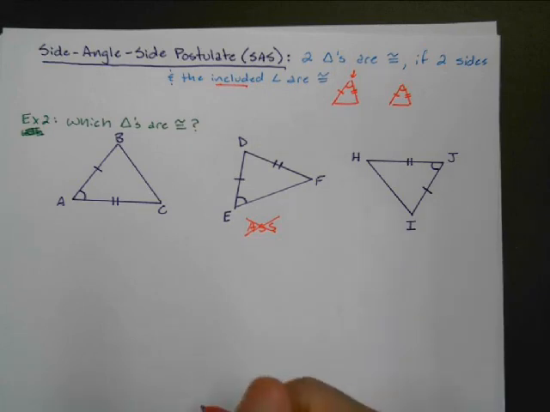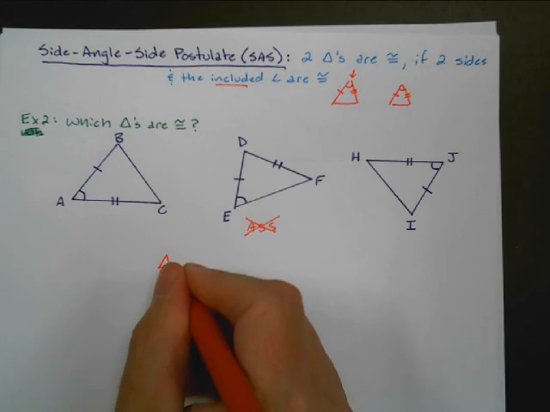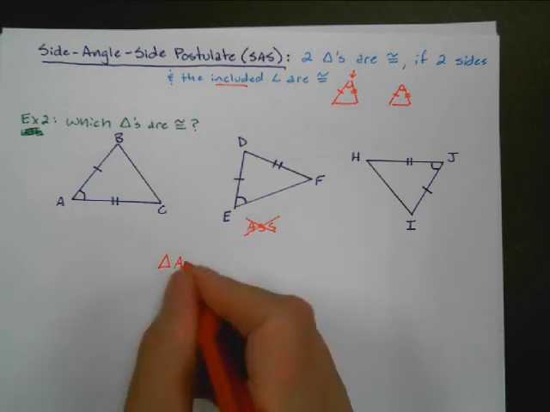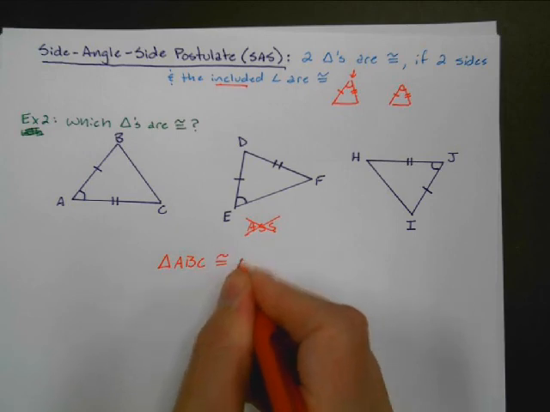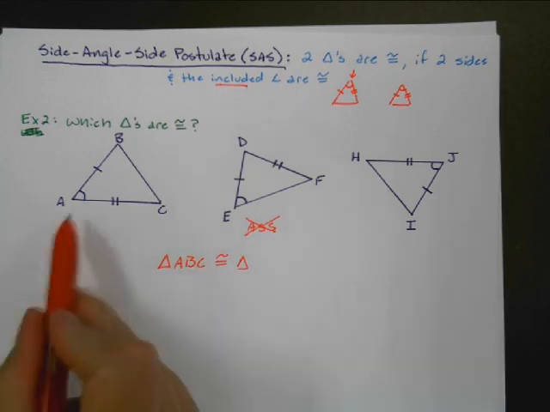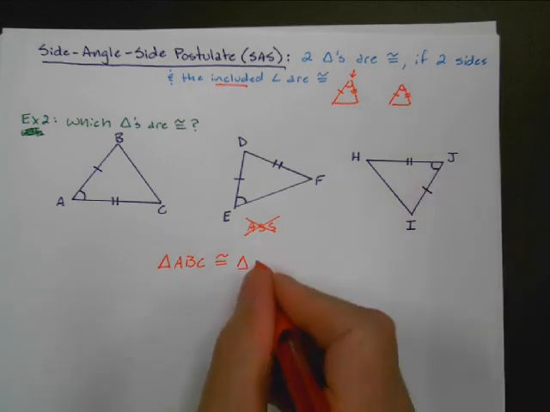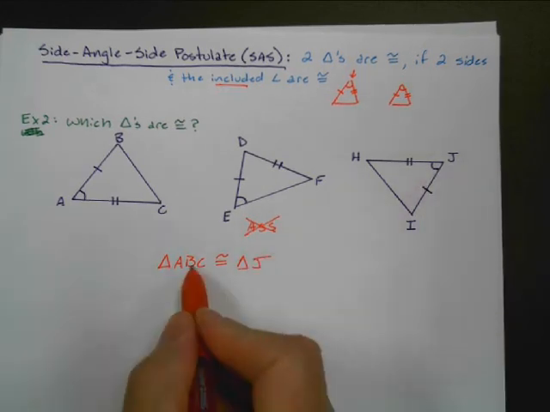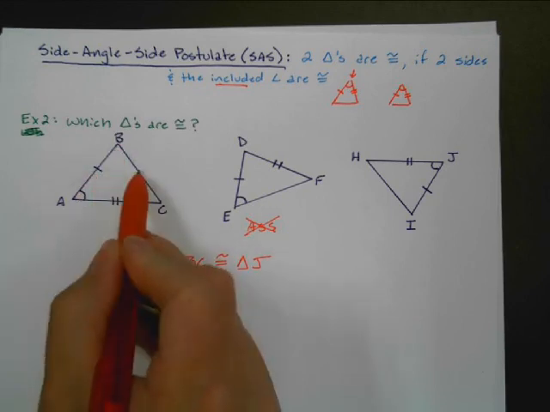So let's finish this off by doing a congruent statement. Triangle ABC, we now know must be congruent to triangle, has to be in the correct order. A was the one with the angle mark on it, so J goes with that one. B, a little bit tricky, but B is between one tick mark and no tick marks.